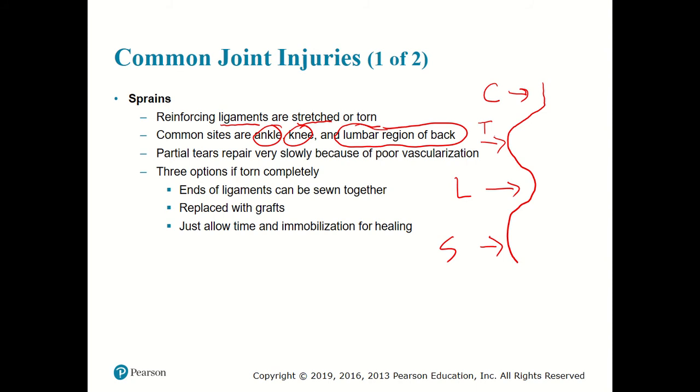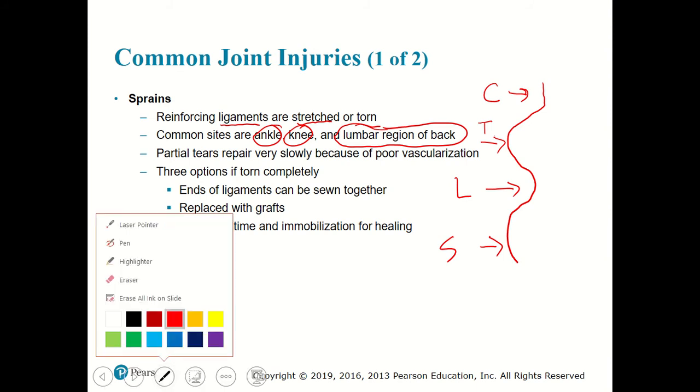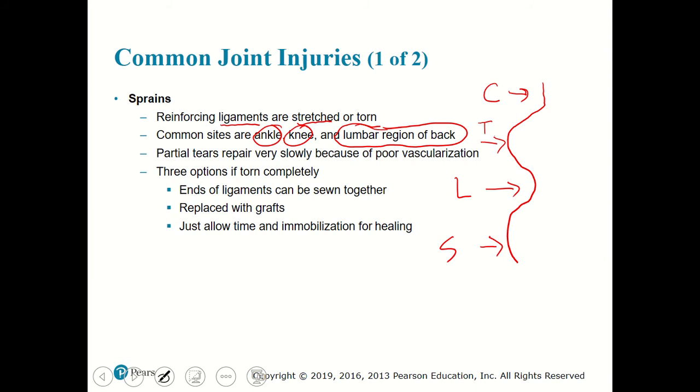And so the one that we see the most damage in sprains is this lower, small of the back, right above the buttocks. And that's what we see, the lumbar area.